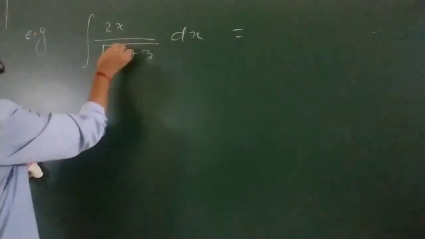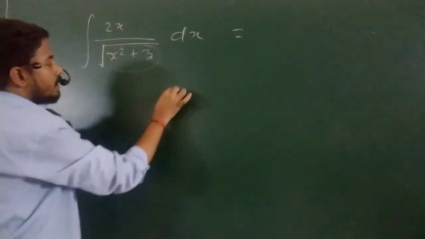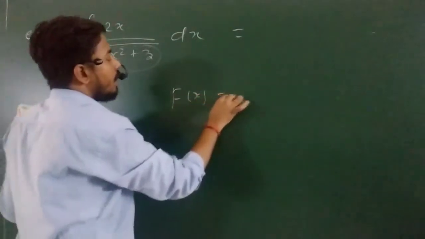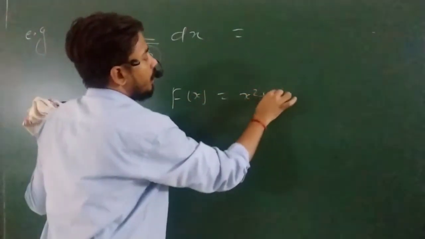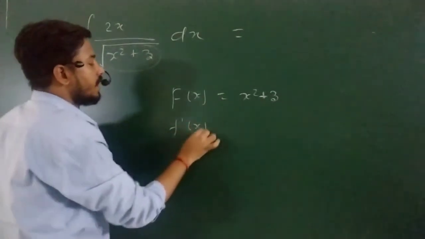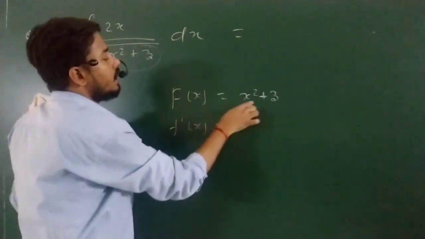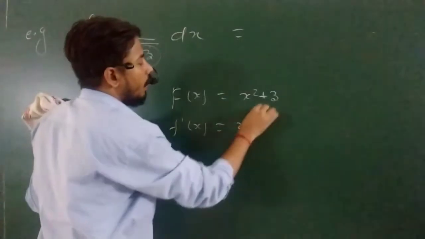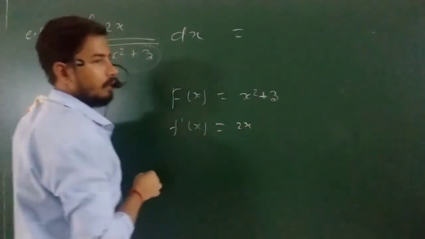So see, what is in the denominator? This one, so I assume this one is f of x. f of x is equal to x squared plus 3. Now find f dash x. f dash x means the differentiation of this one. So the differentiation of this becomes 2x, and 3 becomes 0.